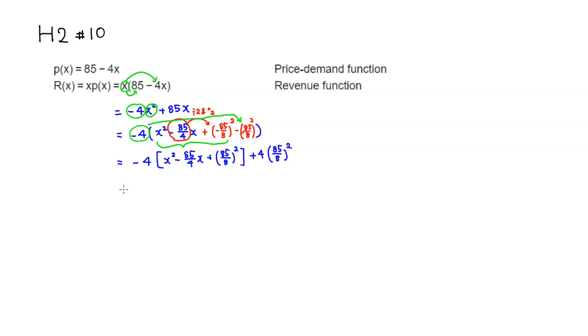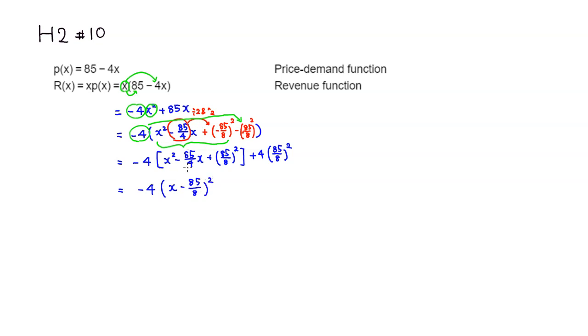All right, then this is going to be equal to negative 4. So this part, we can complete the square of this. So you have an x. All right, so you take 1/2 of this number, so it's going to be 85 over 8 squared, right?